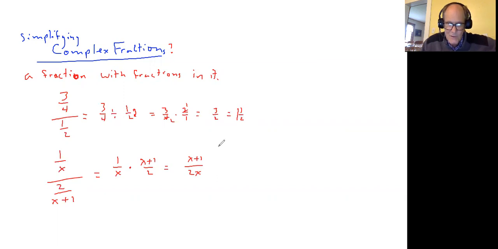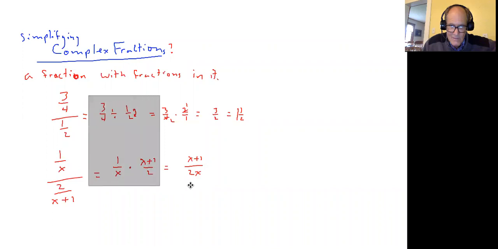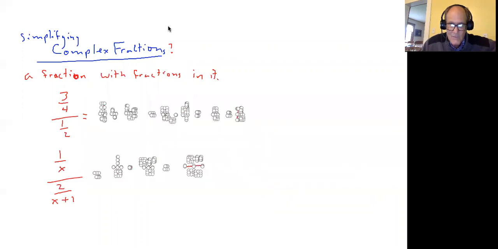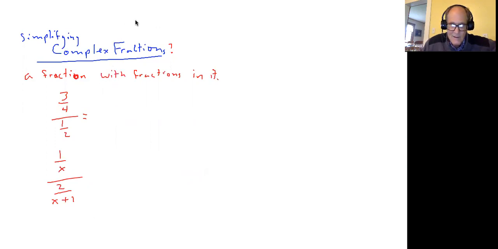Now, there is another way to do that. This is a fine way. But there is one other way to do these problems, and that is simply take both numerator and denominator and multiply them by the common denominator. Okay, like I look at here, my denominators are 4 and 2.